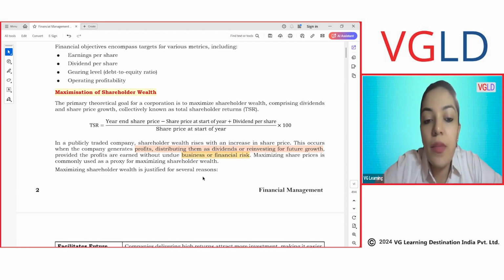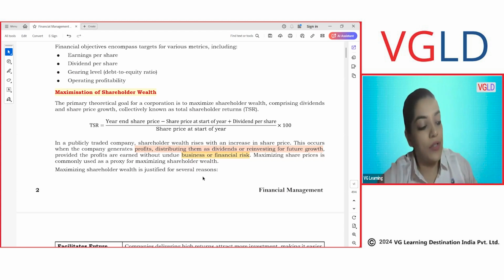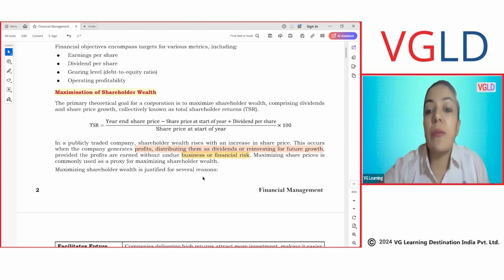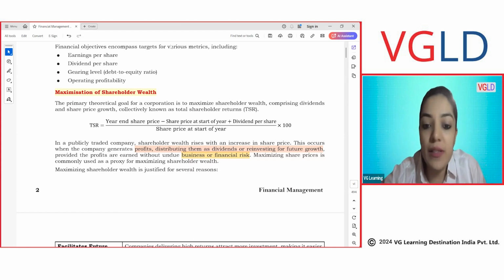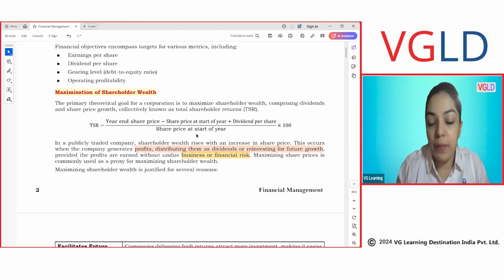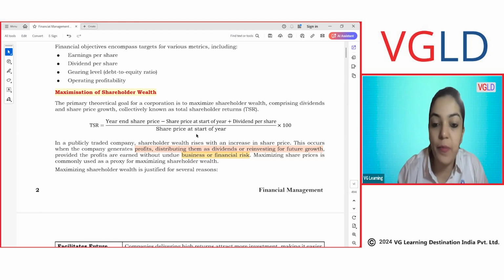So what it says is, the profits are earned without undue business and financial risk. Why undue? Every business takes some risk. No business can run without risk. That is clear. But the risk shouldn't be undue. That means unusually high.